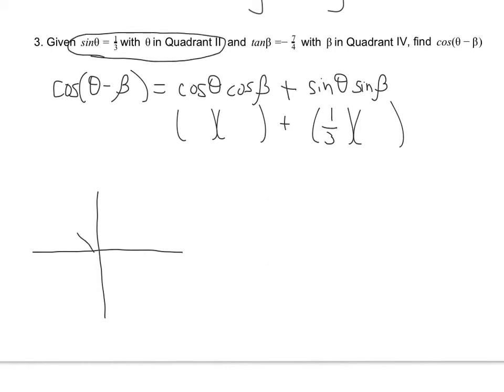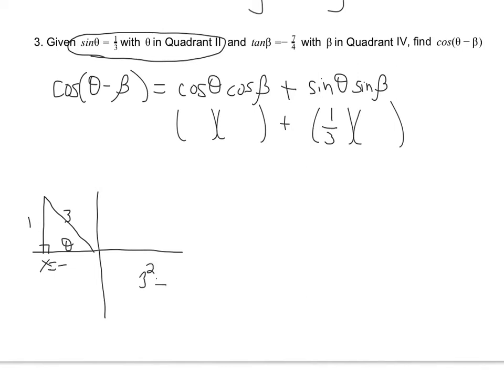It says quadrant 2, so I'm going to draw a little triangle there with a theta there. Sine is 1/3, and sine is the opposite over the hypotenuse. So the opposite of theta is 1 and the hypotenuse is 3. I can then use the Pythagorean Theorem to find this side x, which I know will be negative because it's going in that direction.